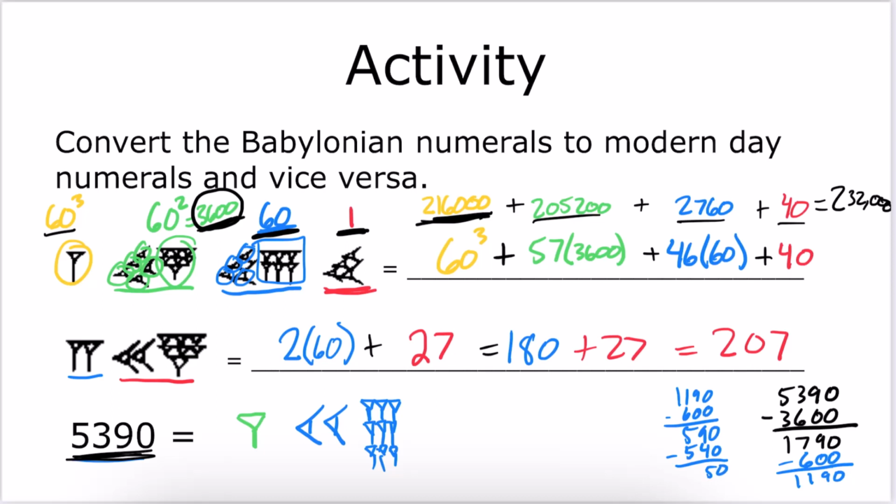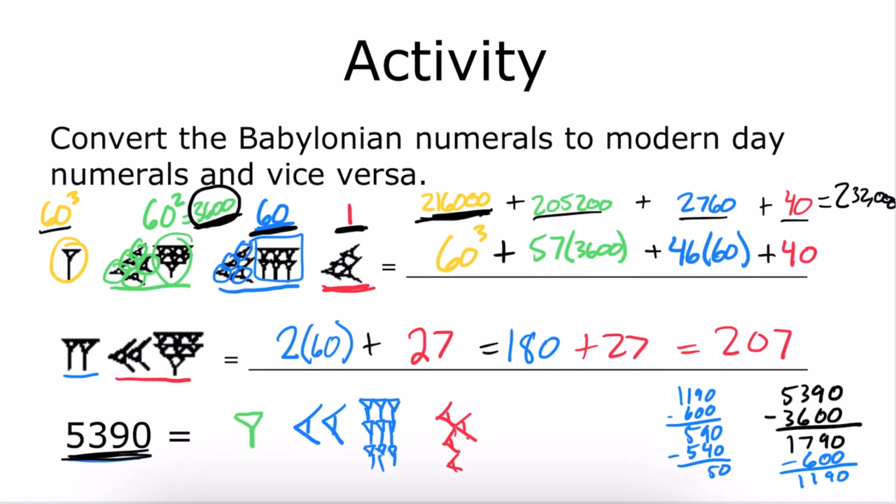And I can't put that in my 60s column because there's not enough to have 60. But I can have 5 10s in my ones column, essentially. And so my number would look something like this. And so this would be the Babylonian number for 5,390. And that's how you would do that one.